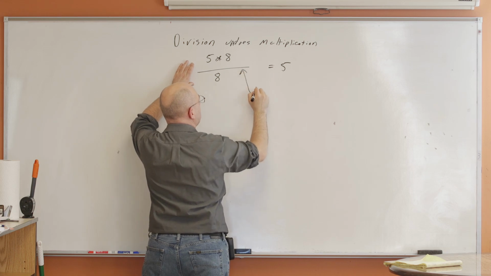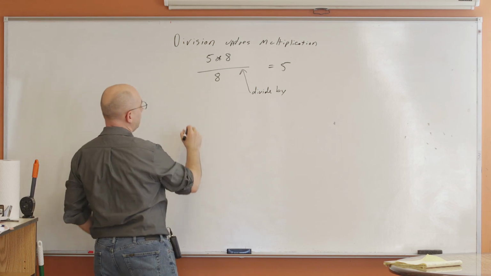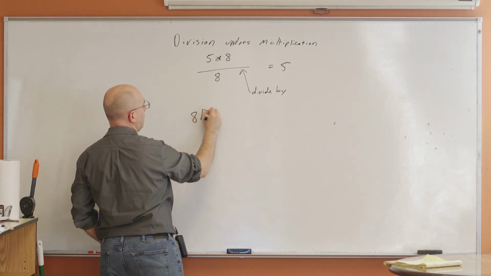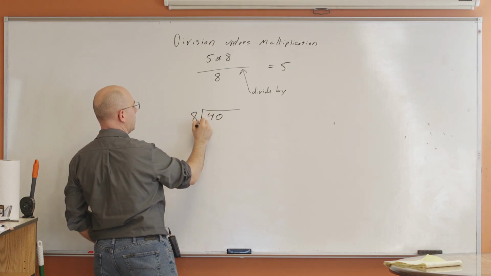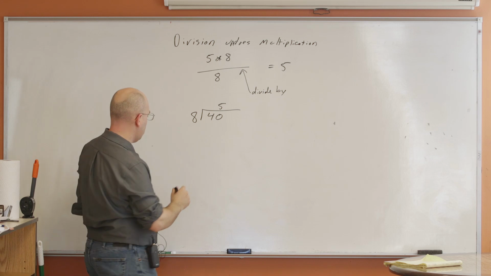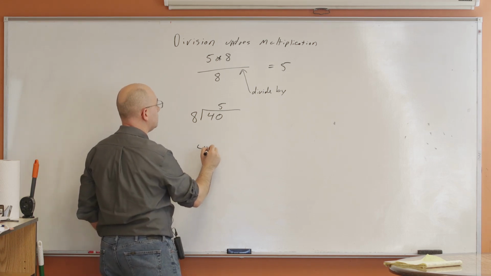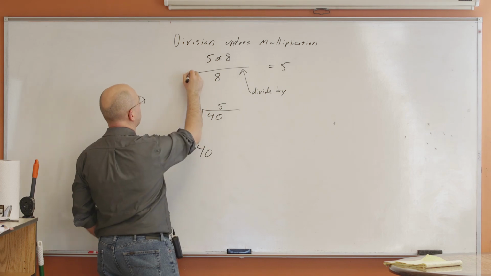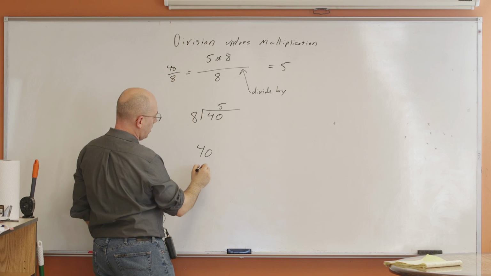This means divide by. You would also write 40 divided by 8, like this. And there's also 40 over 8.